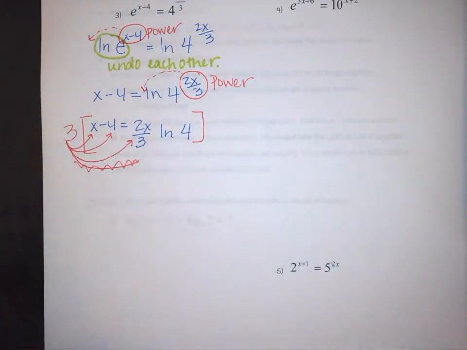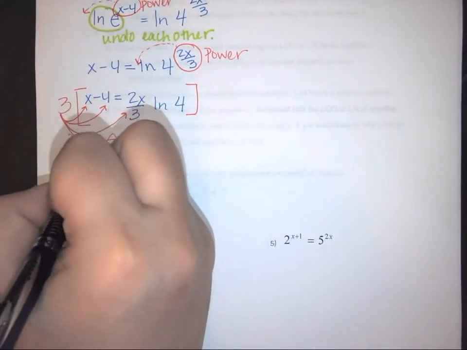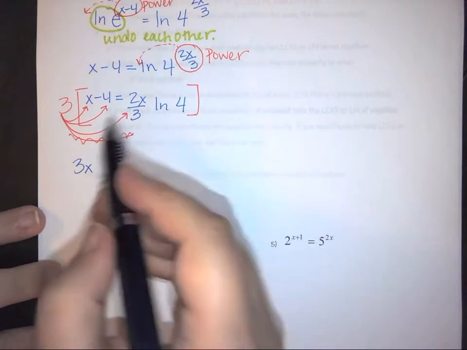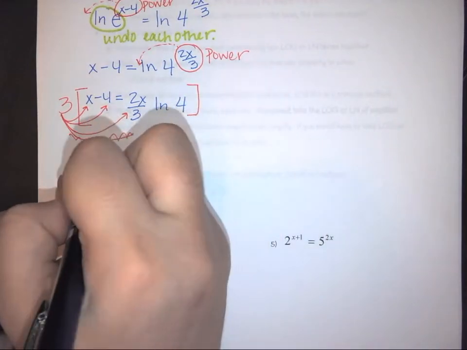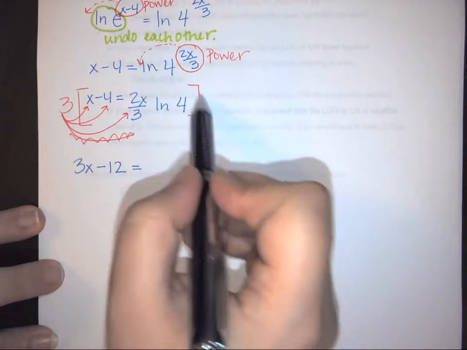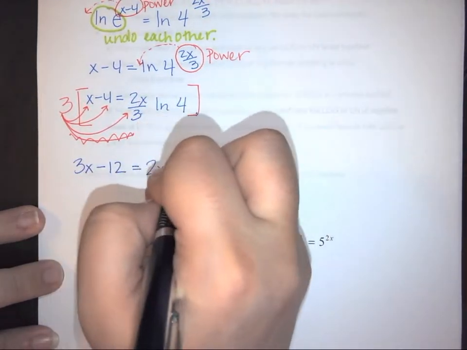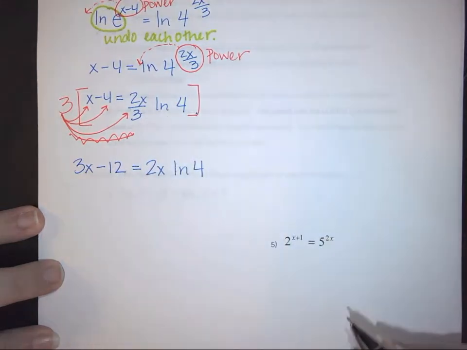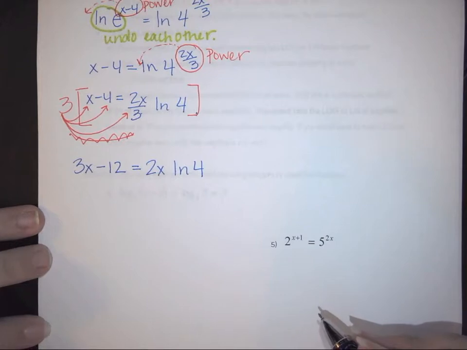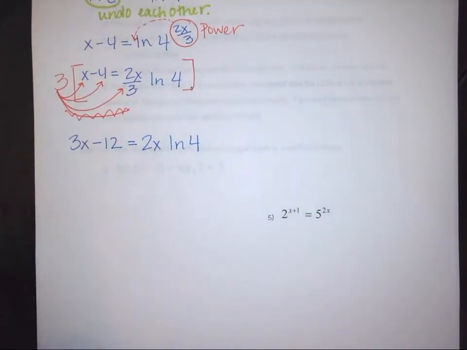So here, I was getting ahead of myself. 3 times x is going to give you a 3x. 3 times negative 4 gives you negative 12. 3 times my big equation here means 3 goes away and leaves me with 2x natural log of 4. So now I need to solve for x. So I need to get all my x's to one side and all my numbers to the other.